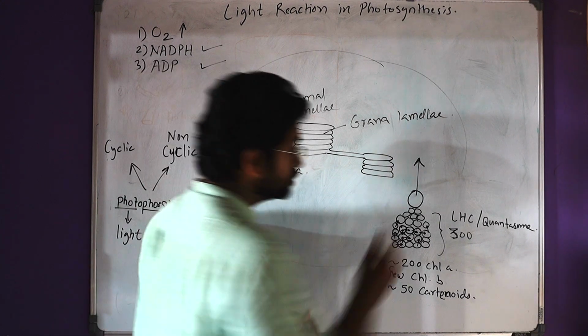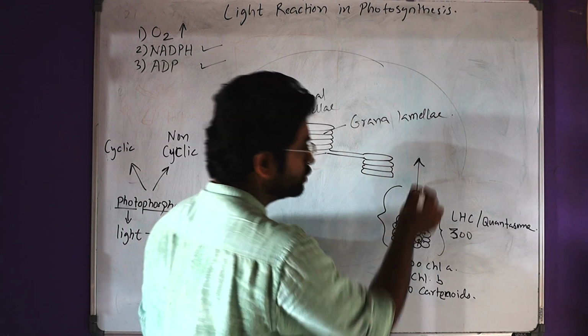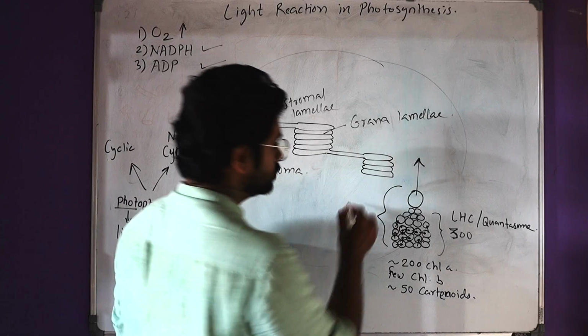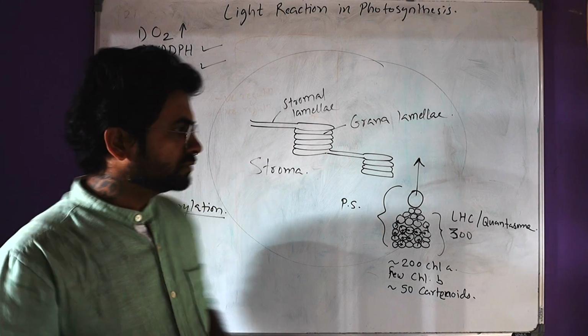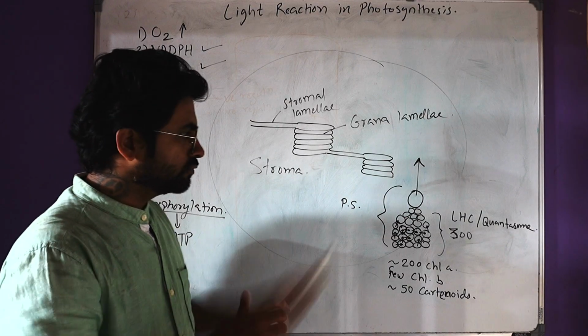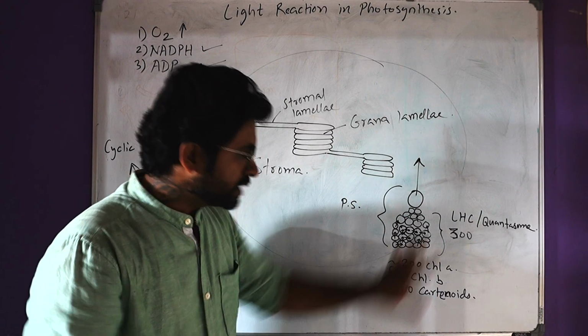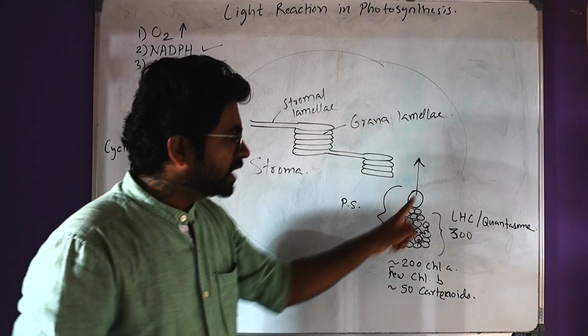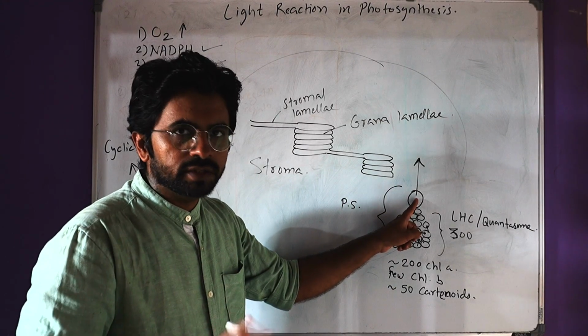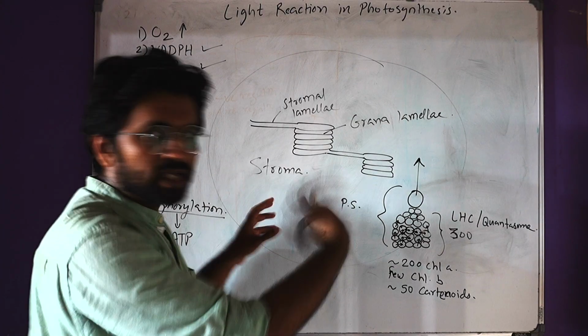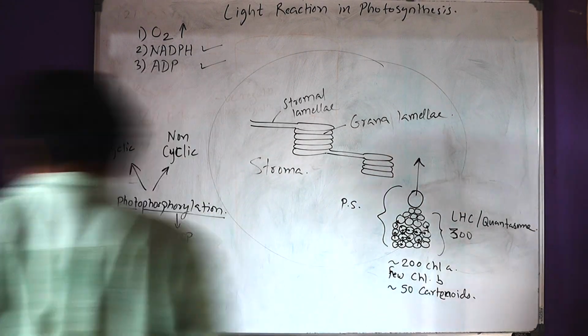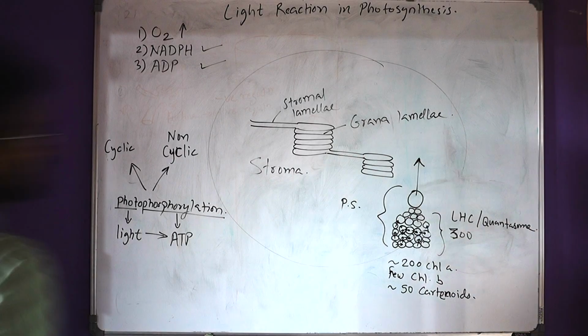And the whole structure including this chlorophyll A is known as photosystem. Now remember this: quantasome, photosystem, rest of the pigments, exceptional chlorophyll A. Remember this much because we will use this to explain the light reaction further. So for now I am removing this.